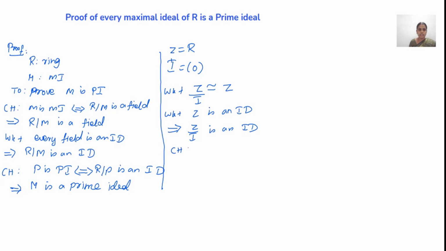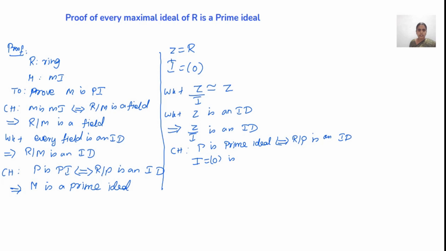By the characterization which states that if P is a prime ideal, that gives R by P is an integral domain, so by this characterization we can say that the zero ideal is a prime ideal.